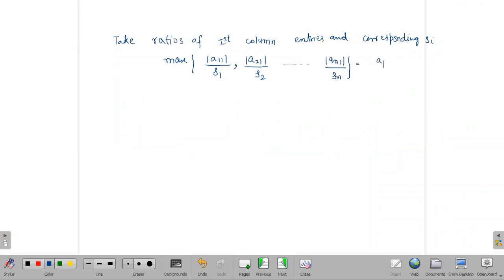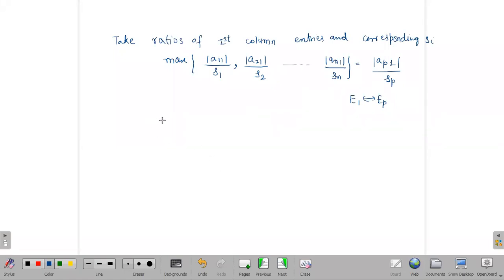Suppose you get Ap1 by Sp as the largest of all, it means you have to interchange the first row with the pth row. This ratio decides which rows will be interchanged. If A21 by S2 is the largest of all, you replace E1 with E2. This is the procedure.